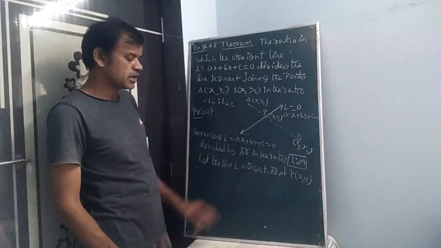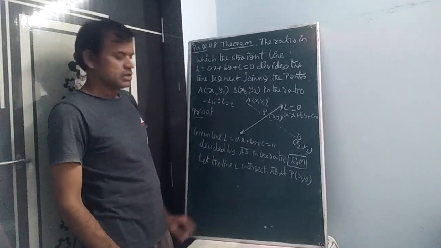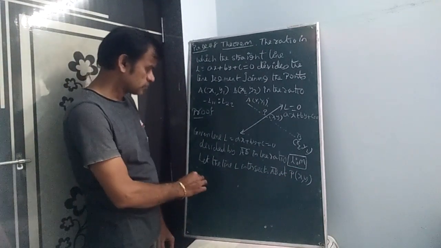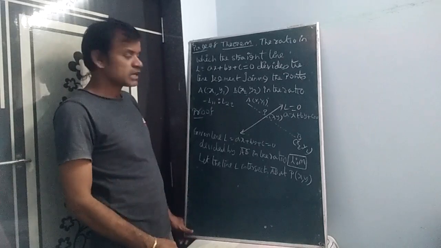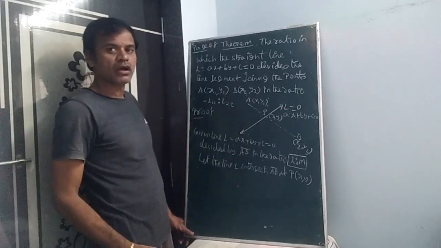Let the line L intersect AB at point P (x, y). Now let us consider the section formula.